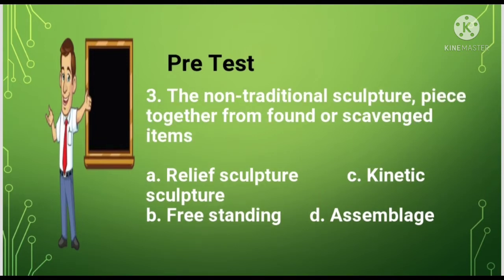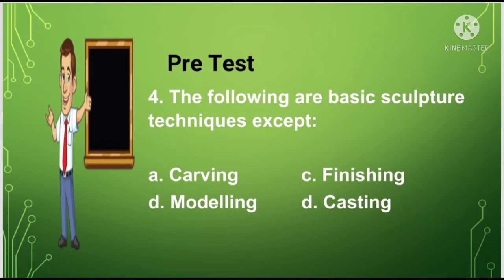Three, the non-traditional sculpture pieced together from found or scavenged items. A, relief sculpture. B, freestanding. C, kinetic sculpture. D, assemblage. Number four, the following are basic sculpture techniques except A, carving.